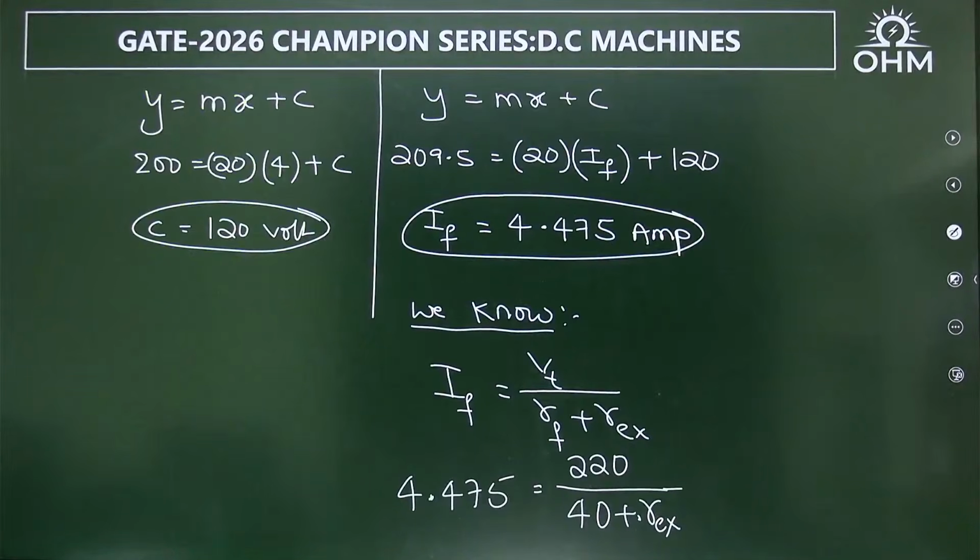Correct answer, everybody? 9.16. Correct. 9.16 is the correct answer. Anywhere between 9.1 to 9.2 will be treated as a correct answer. So the extra resistance required is 9.16.